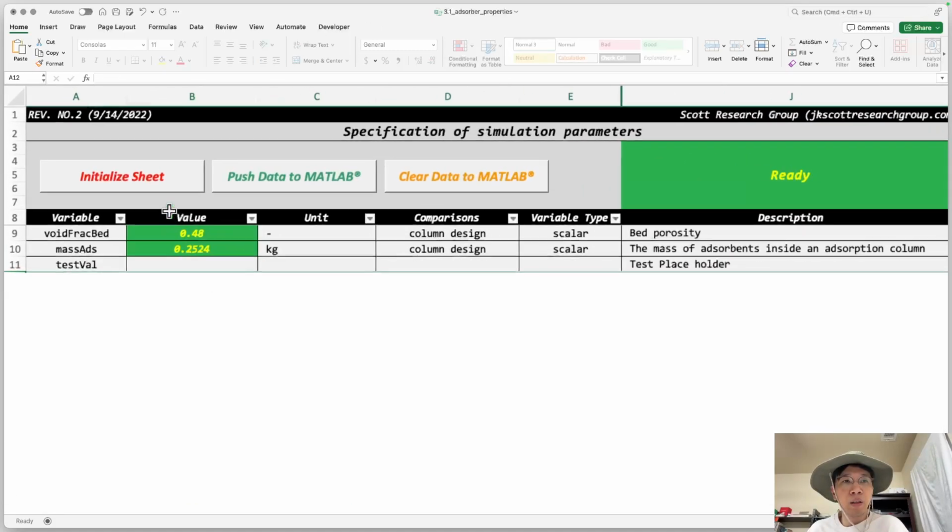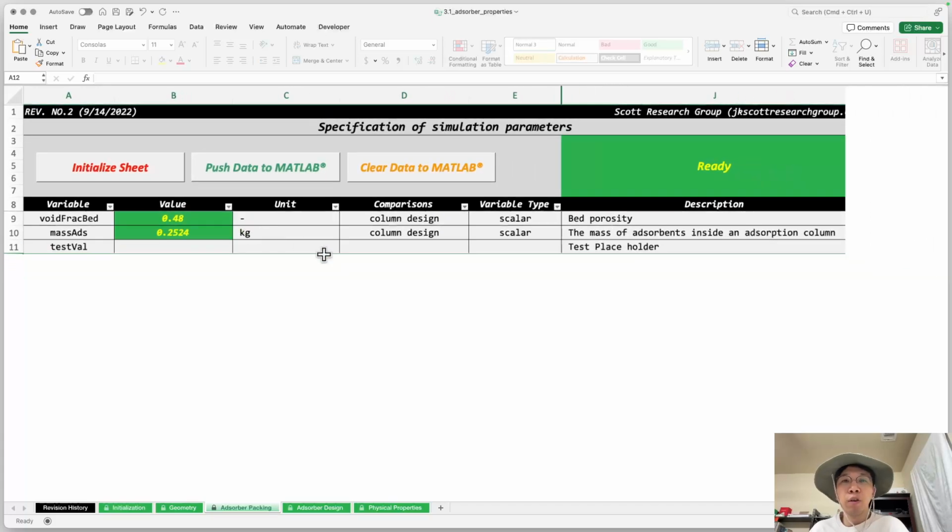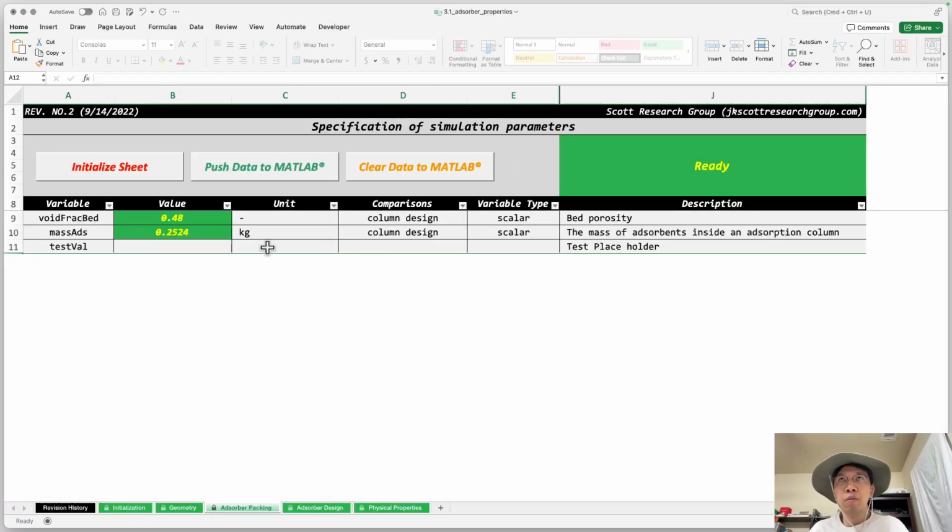And then the void fraction of the bed, it's the bed porosity, right? So basically you assume spherical pellets and draw the boundary around each pellet, and whatever void space is between the casing of the packed bed and the outside of these spherical pellets, we take that void space into consideration. So this is the definition of the void fraction.